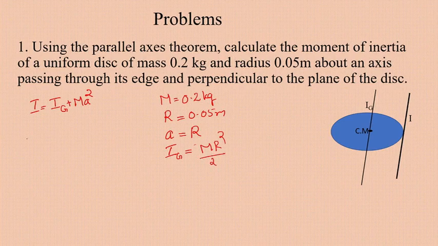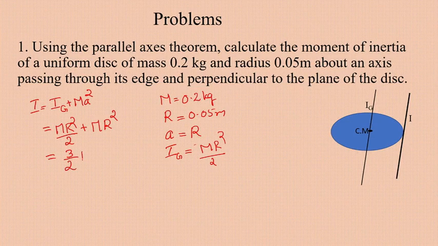Now let us substitute these values. I is equal to ma square by 2 plus m, instead of a we can have the radius, that is mr square. So that is equal to 3 by 2 mr square.